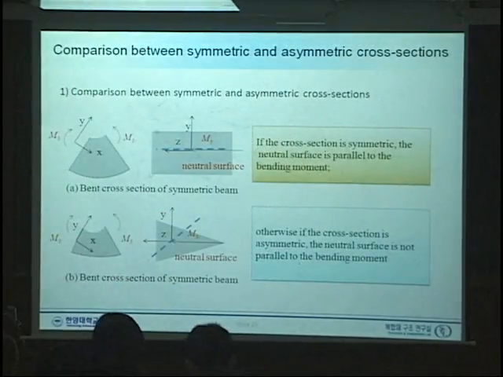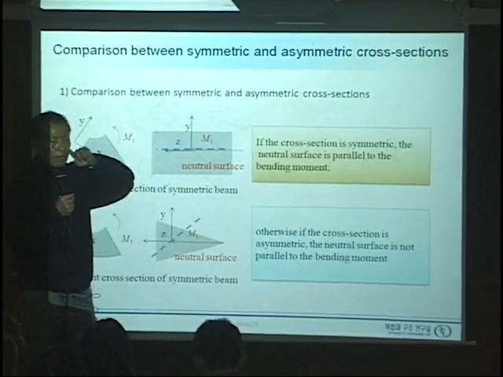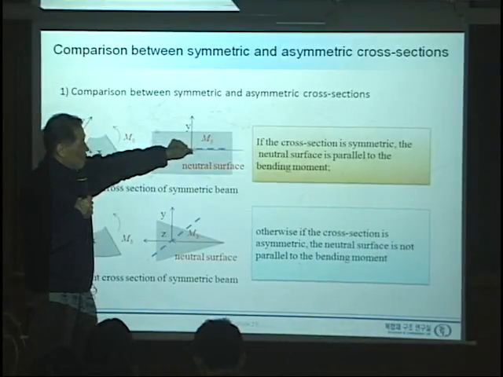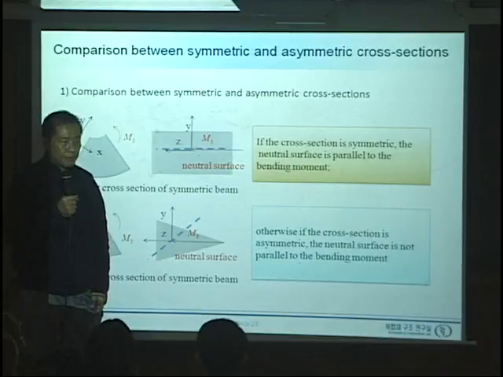What is the asymmetric cross-section? Well, asymmetric cross-section is not symmetric. Well, this one, you apply the bending moment to this cross-section, and simply this one is the symmetric.